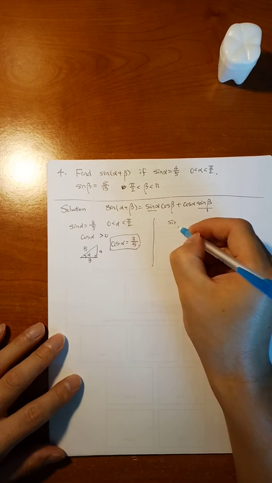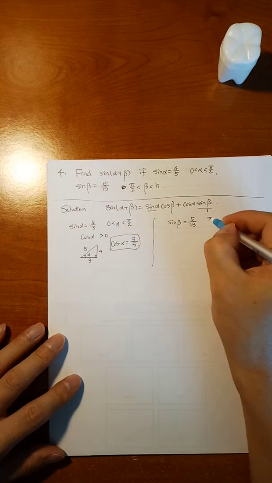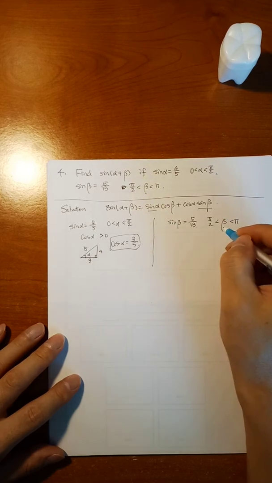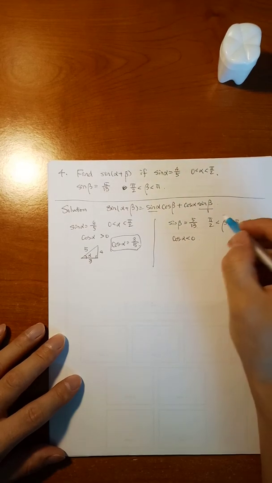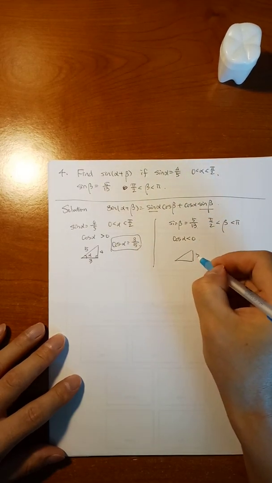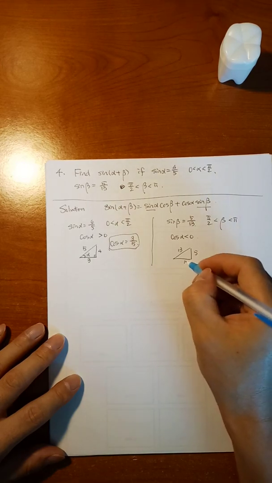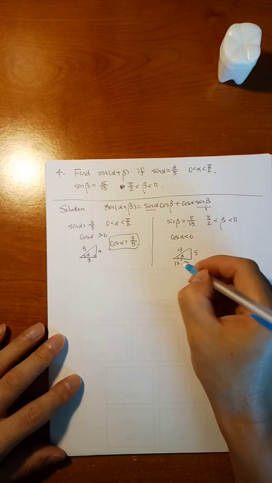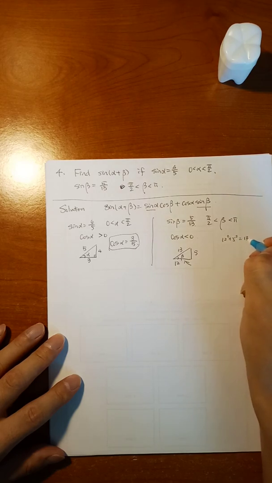Similarly, sine beta is 5/13. Beta is between pi/2 and pi. This is the second quadrant. In the second quadrant, cosine is negative, and the opposite is 5, hypotenuse is 13. You check the adjacent. Adjacent is 12. You check that 12 square plus 5 square is 13 square.